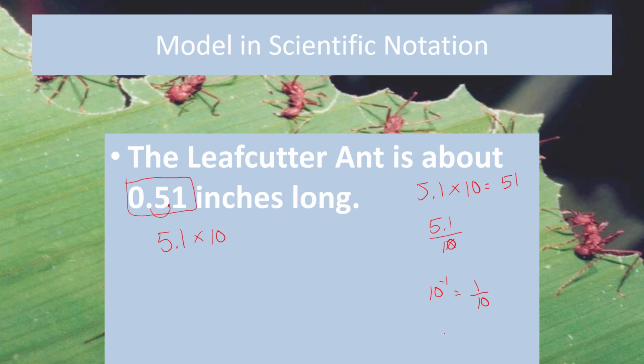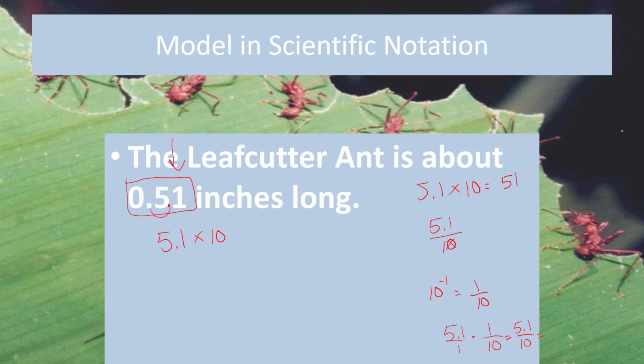Well, then all of a sudden, if I multiply 5.1 times 1 over 10, we end up with 5.1 over 10, which is going to simplify to our given starting solution.